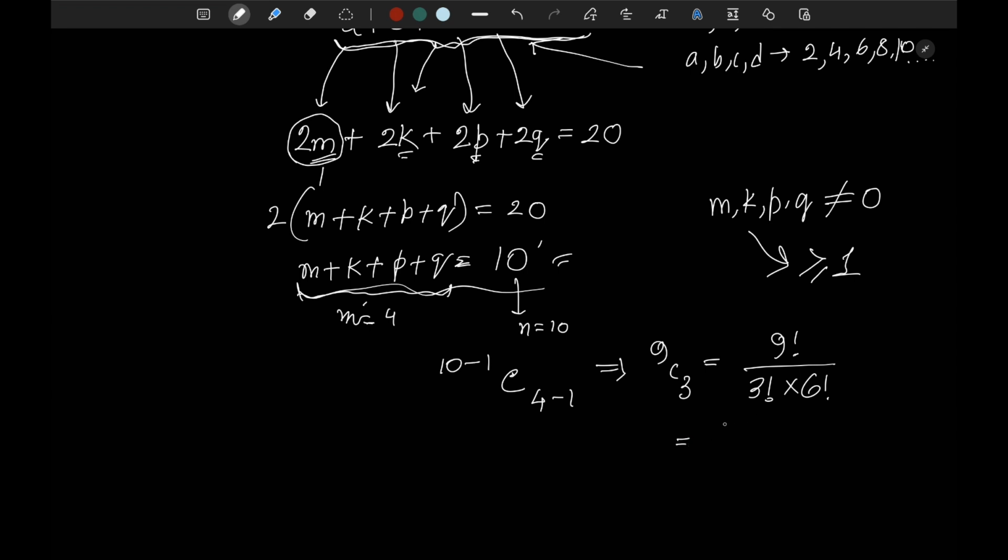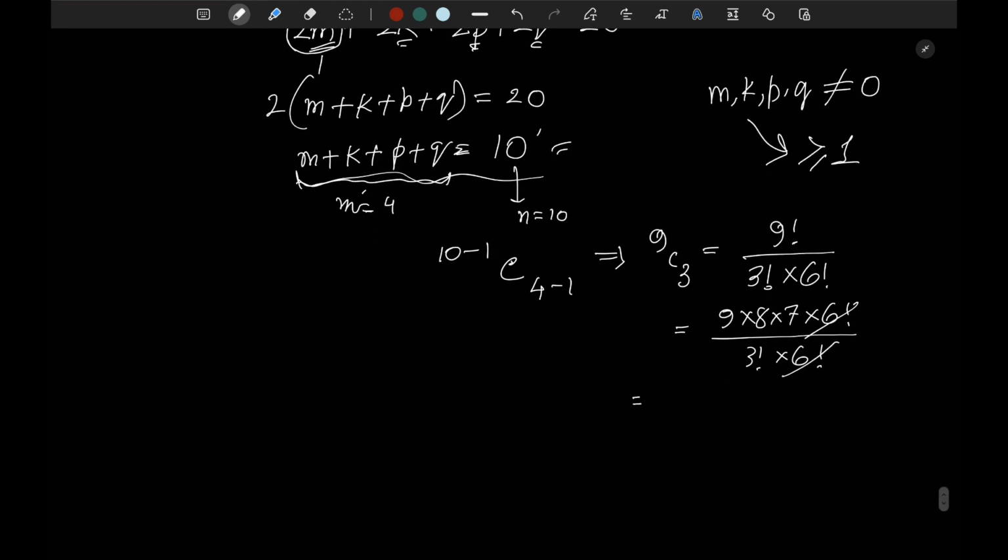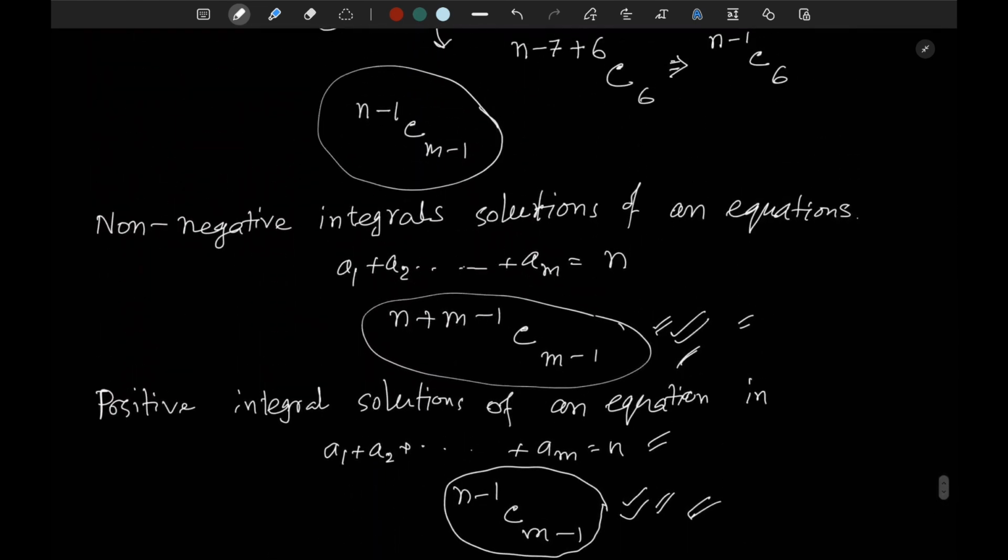So you can write 9 8 7 into 6 factorial by 3 factorial into 6 factorial. This goes out, and this will become 3 into 4 into 7, or the number of solutions is 84. This is the answer to your question.